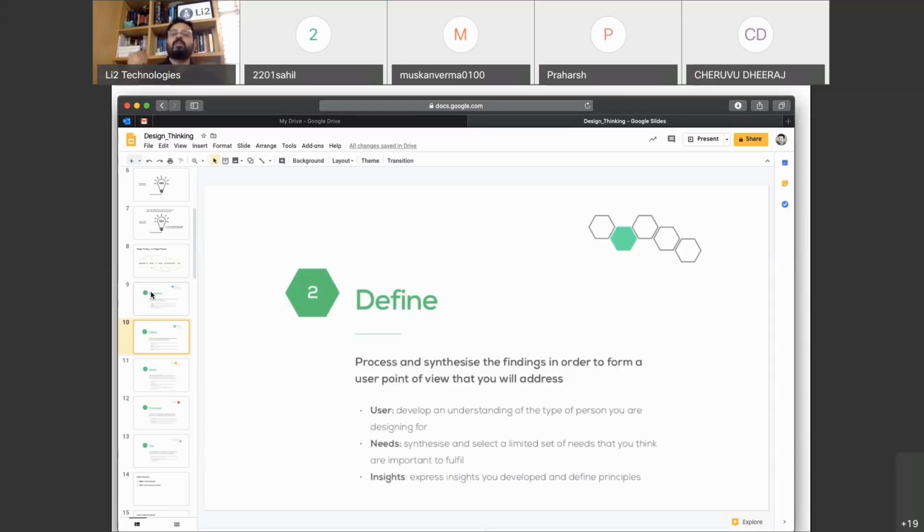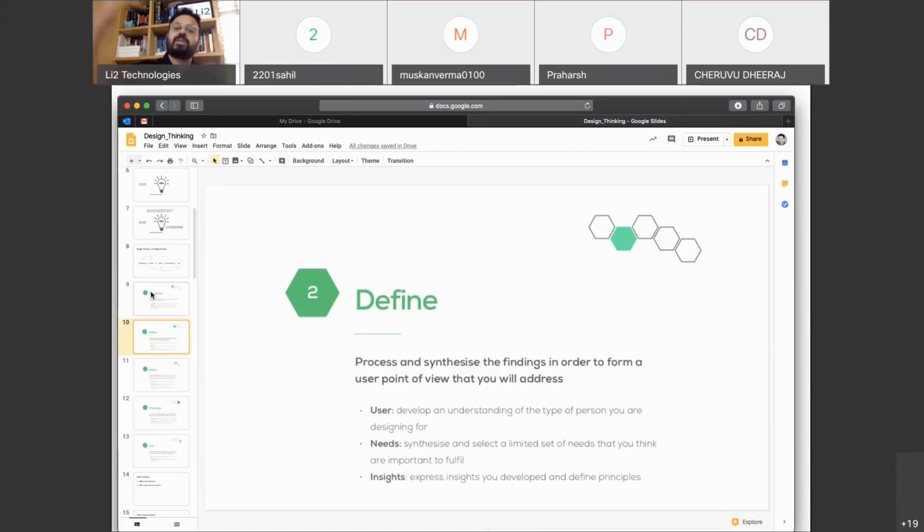Nobody is interested in what's your idea, what's your solution, right? People are interested in how it's going to make sense to them at any point of time. So always define your project or product or solution with respect to user point of view.